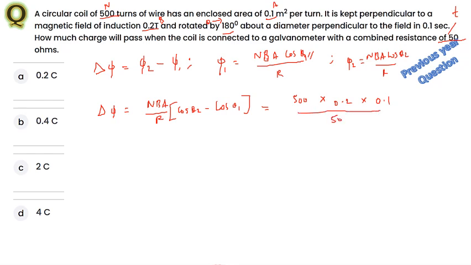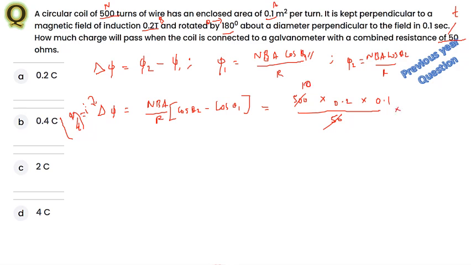Now charge over time gives the current, which is produced by the change in magnetic flux. That is what we mentioned in the previous problem; if you go through it, you can understand. See, from this you can cancel it. 0.2 into, see here, this 10 times, you can cancel it over here, right?